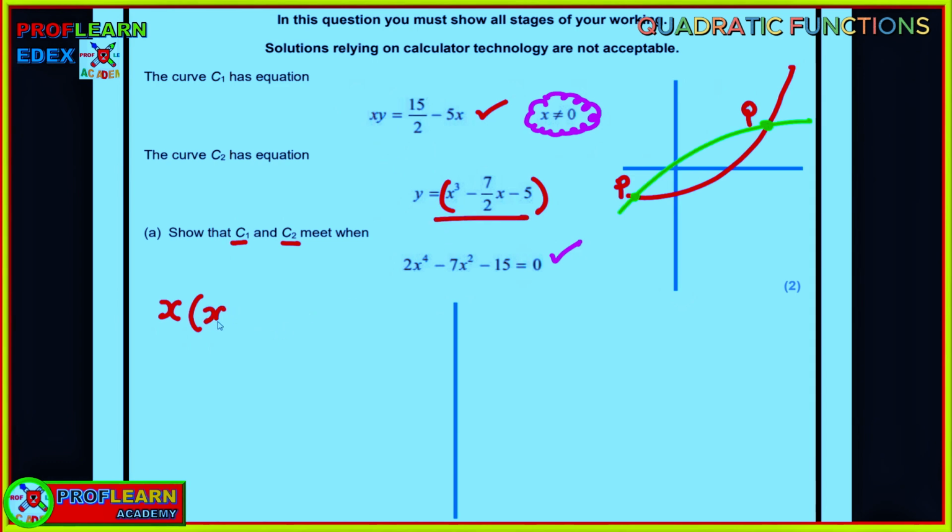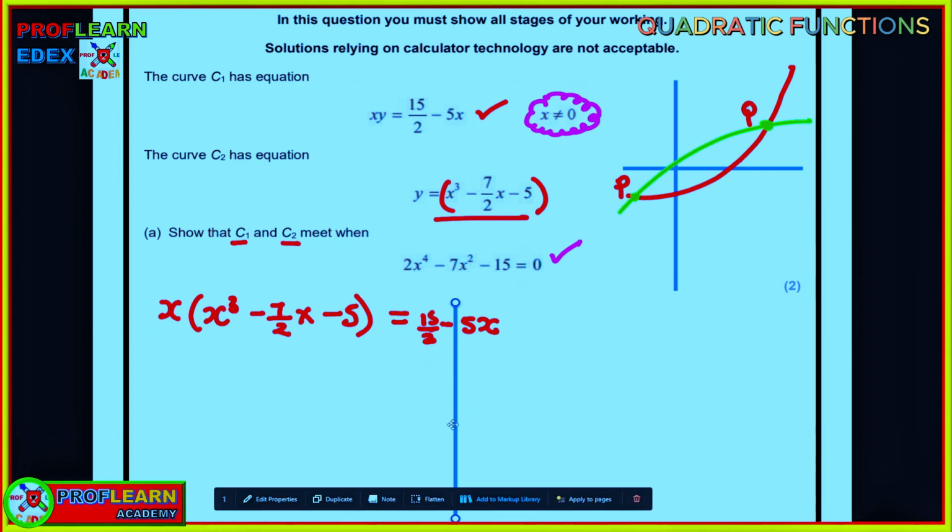That is x cubed minus 7 over 2 x minus 5, right? Is equal to 15 over 2 minus 5x.